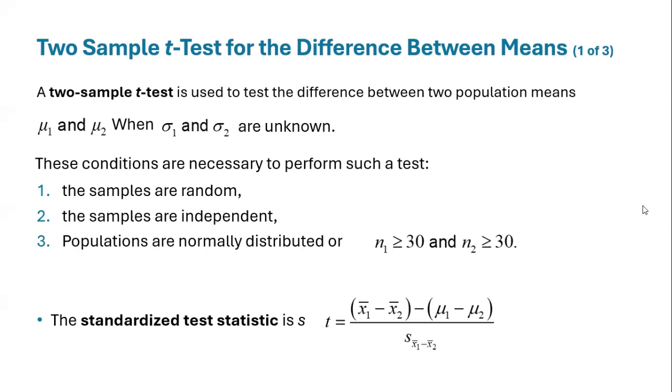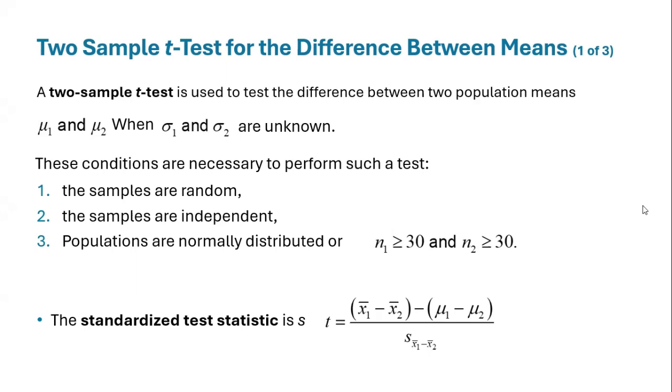But this time we have a two-sample t-test. When we have two samples, that means we have two populations. So we have two mu and two sigma. We have mu1 and mu2, which are population means, and sigma 1 and sigma 2, which are the populations' standard deviations. And in this case, they are unknown. That means we don't have any information about the population standard deviations.